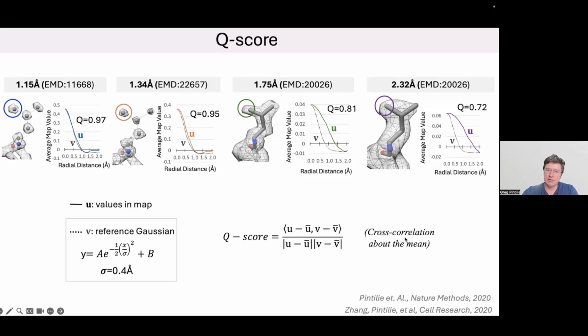It's actually using this cross correlation about the mean formulation, but where we take values in the map and compare them to the values we would see with the actual perfect Gaussian. So that's how it's calculated, via correlation of the map values with the reference Gaussian.